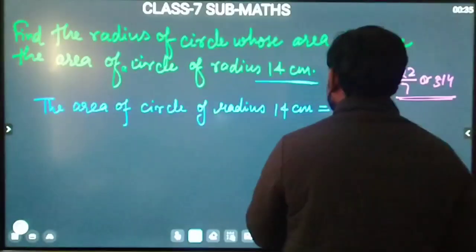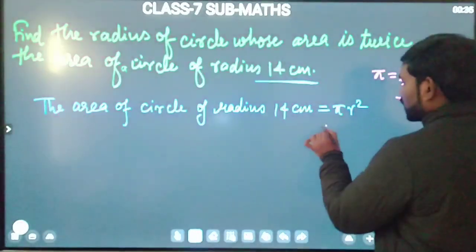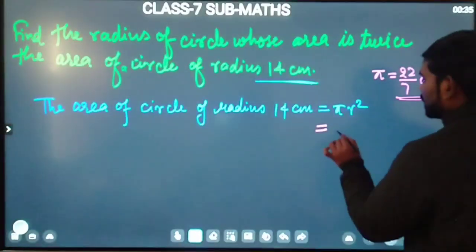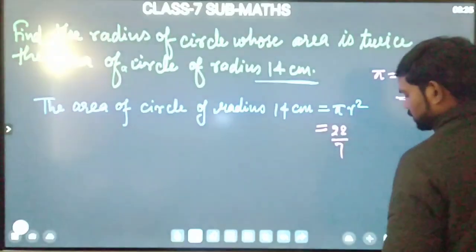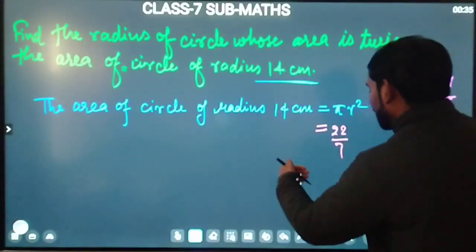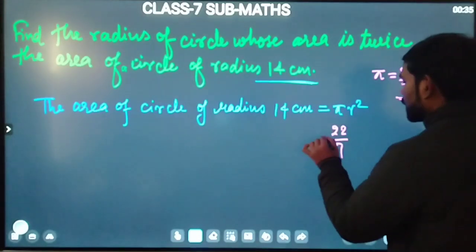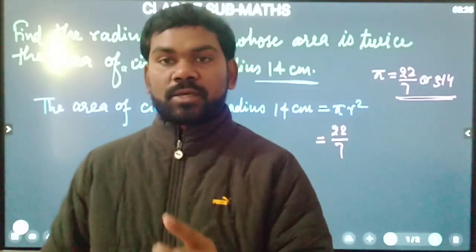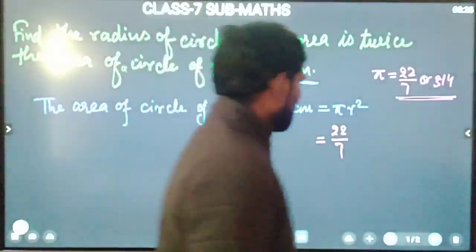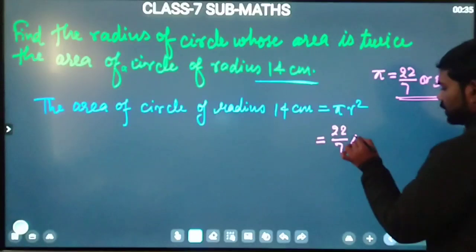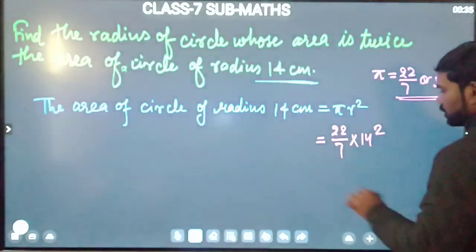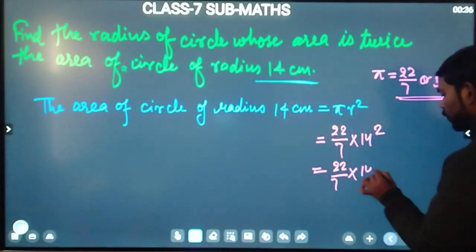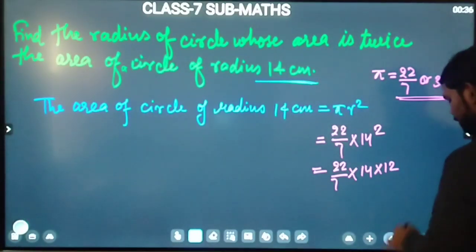Now let's substitute the values of the given quantities in the formula. So here we write the value of pi as 22 by 7. Can anybody tell me why I wrote 22 by 7 in place of pi? Because the radius is a multiple of 7. So 22 by 7 into 14 square, or 22 by 7 into 14 into 14.